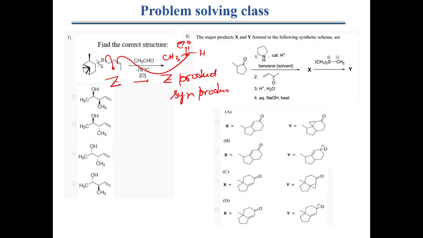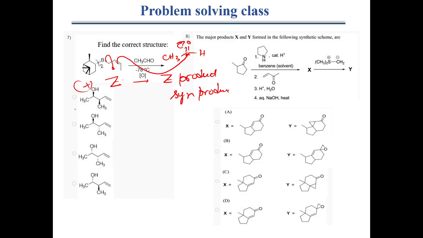And this is the positively or beta filing has been used, so the attack happens from the alpha face and then OH will come to the beta face.